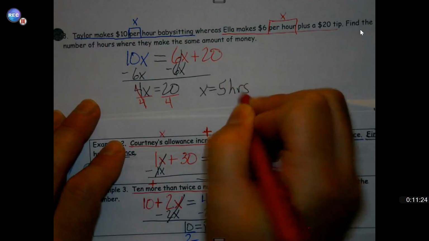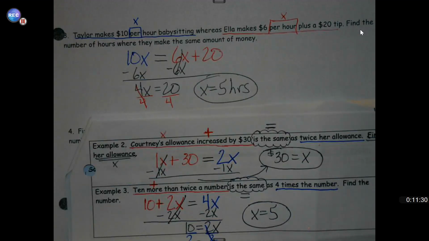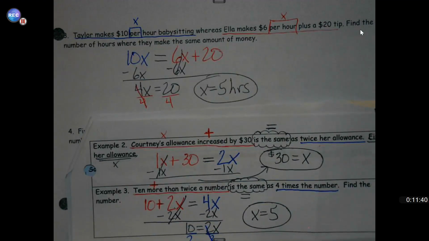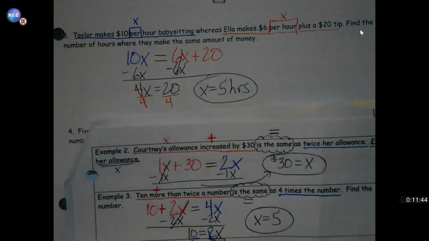So if they each babysat for 5 hours, they'd end up making the same thing. So all we're going to do on these is get those set up, do the quick 2-step, go about our business.